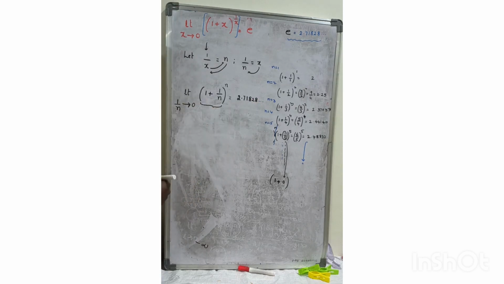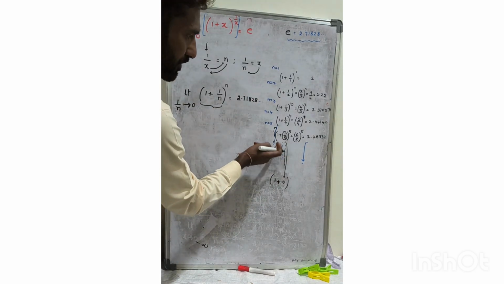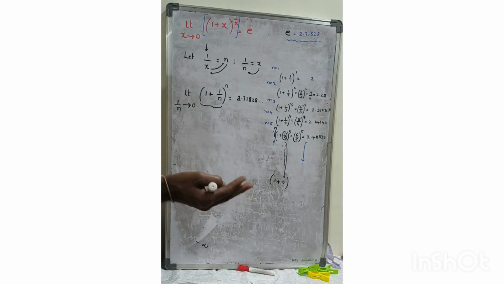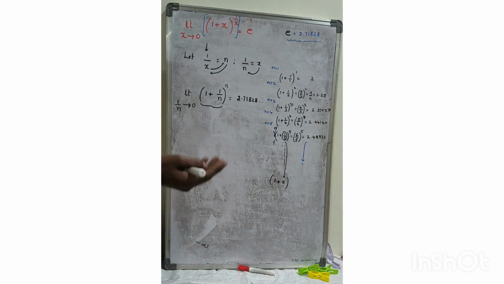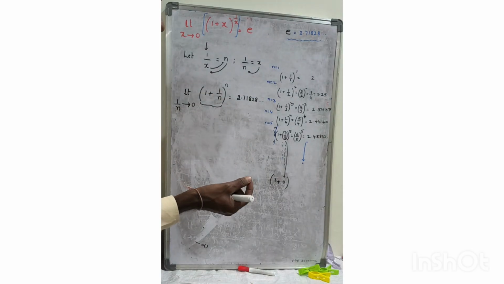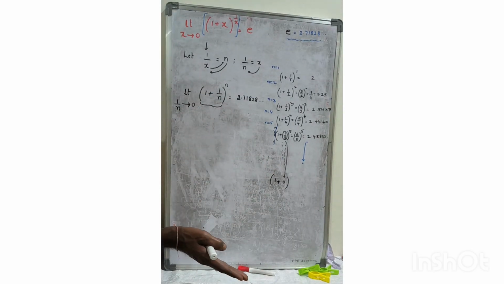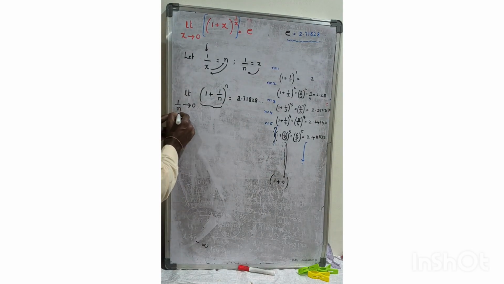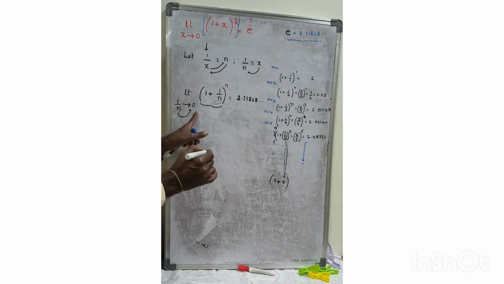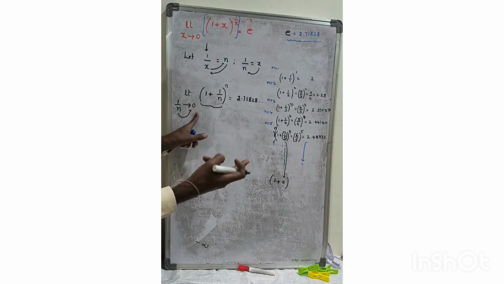It is an infinite series, because if I give 1 by 6, 1 by 7, 1 by 8, 1 by 100, 1 by 1000, 1 by 1 lakh, you are going very very close to 0, but you are not going to become 0. That is the reason why 1 by n is not equal to 0. 1 by n is going towards 0.